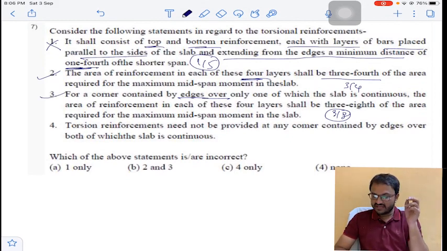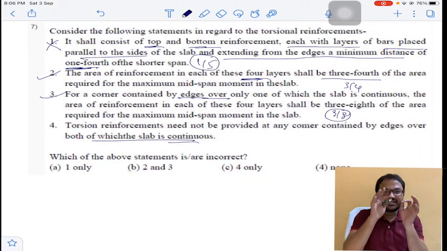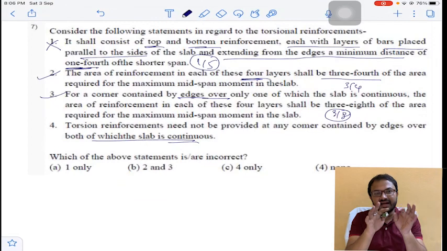Now the final statement is, torsion reinforcement need not be provided at any corner contained by edges over both of which the slab is continuous. Clear? When both edges of the slab, that is along x direction and along y direction, the slab is continuous, in that case no need to provide any torsion reinforcement.